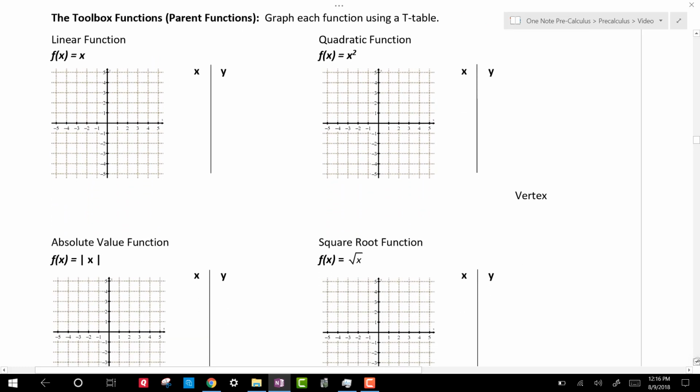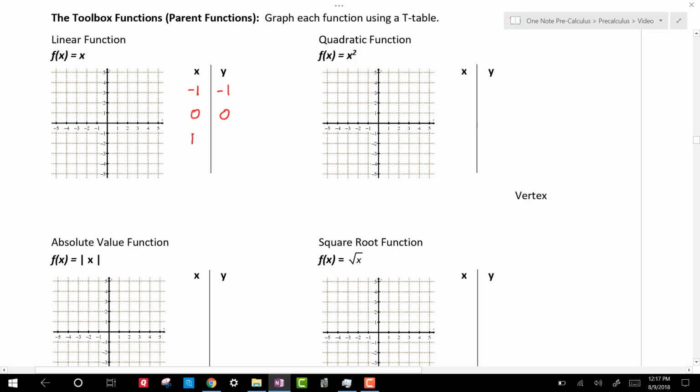Toolbox functions are the basic graphs. Okay, so when we look at the function y equals x or f of x equals x, hopefully you know what this graph looks like. If you don't, you can always plug in points. So I could plug in -1. If I plug in -1 for x, I get -1 for y. If I plug in 0 for x, I get 0 for y.